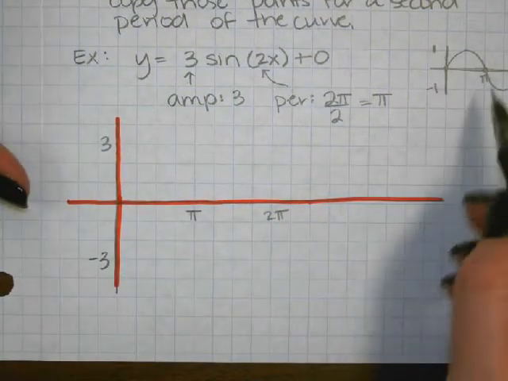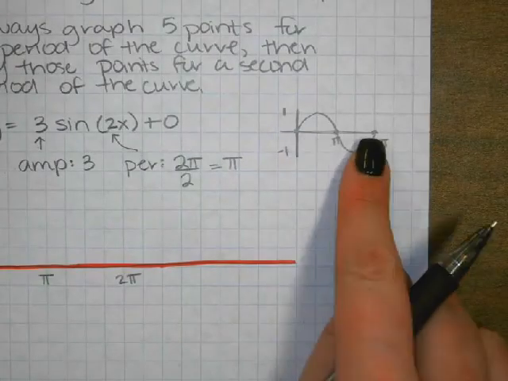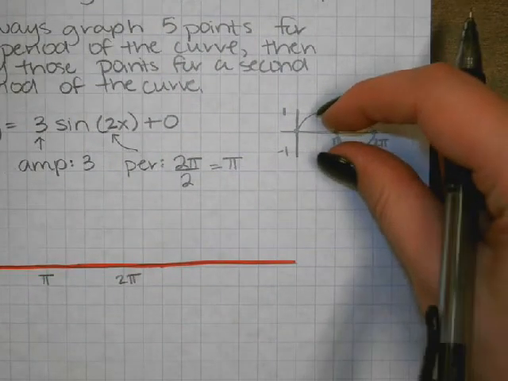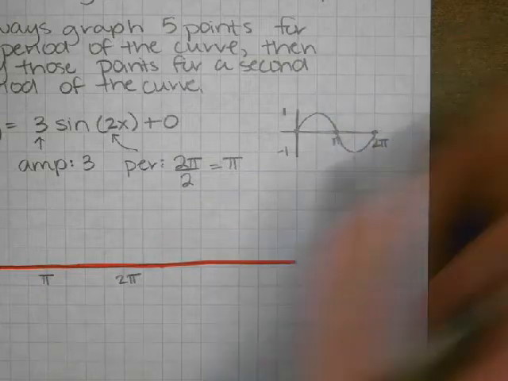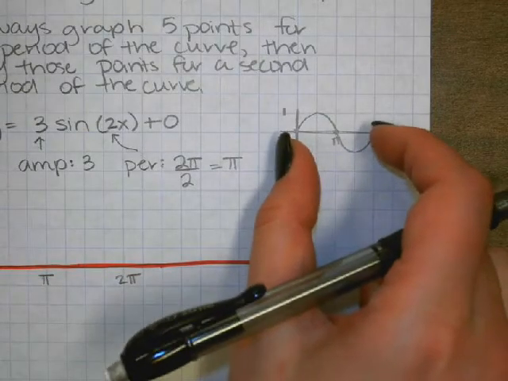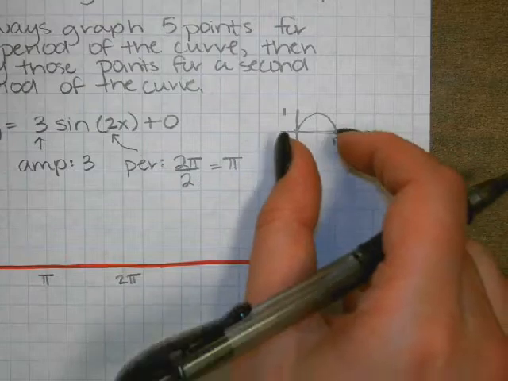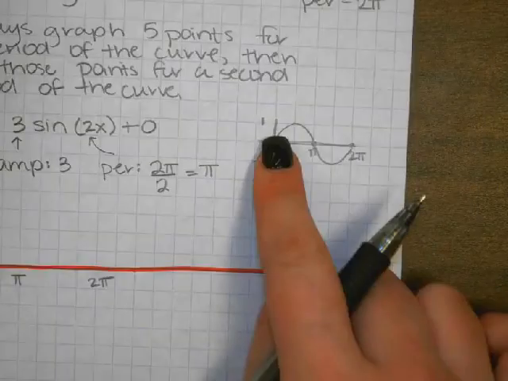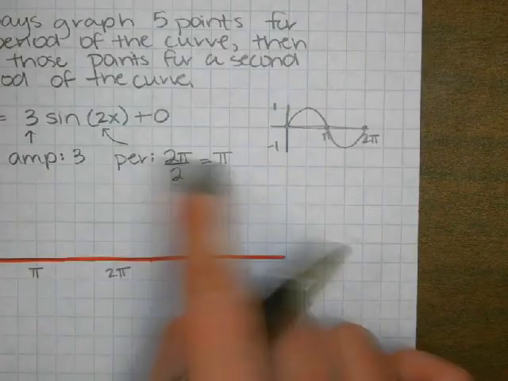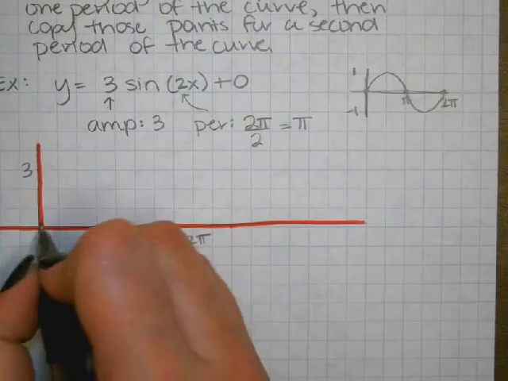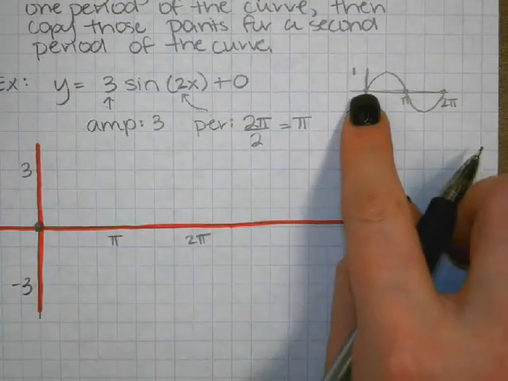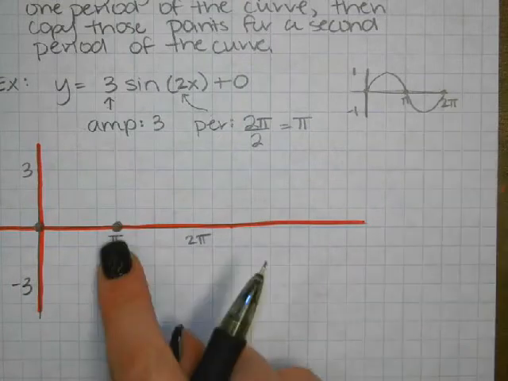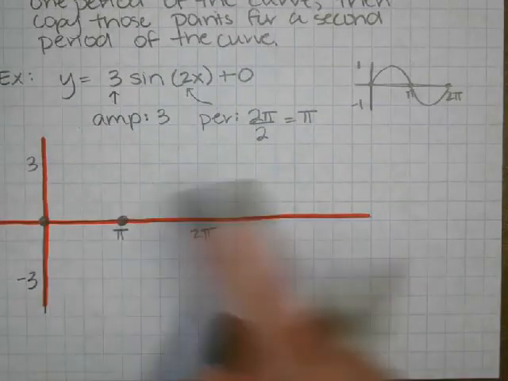Okay, so what I'm going to do is I'm going to say I need to follow this pattern, but instead of bouncing up and down between 1 and -1, I'm going to bounce up and down between 3 and -3. And instead of having a width from 0 to 2 pi, I'm going to have a width from 0 to pi because that's what the period of my graph is, okay? So I'm going to keep this pattern, but I'm going to use these numbers instead. So I'm going to start here, just like they started right there at the beginning, and then I'm going to end over here. So instead of ending at 2 pi, I'm going to end at just pi because the period of my graph has changed.